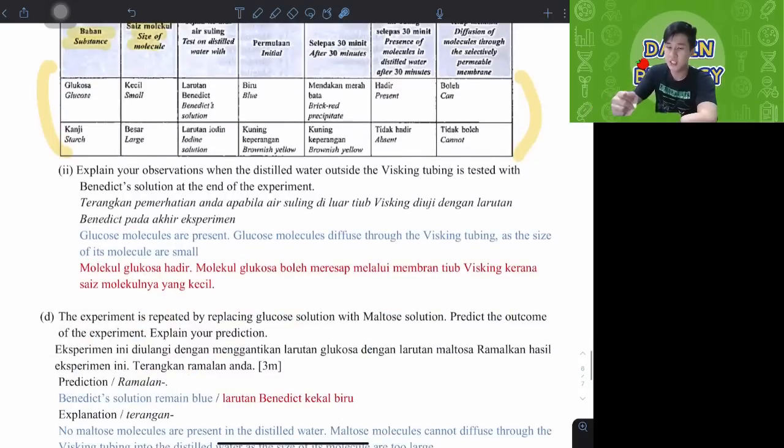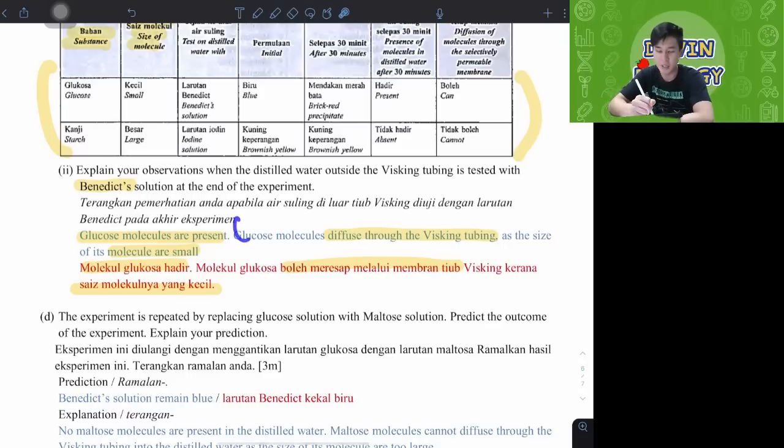This one they want Benedict, so it's the opposite of just now. That one's iodine, starch cannot, right? This one glucose can, because it can diffuse through the Visking tube. Molecules are small. So these two are the main points. This sentence actually is the main one: can pass through the Visking tube because molecule is small, versus big.